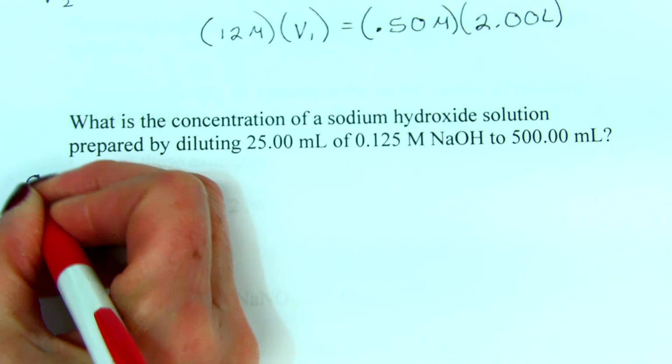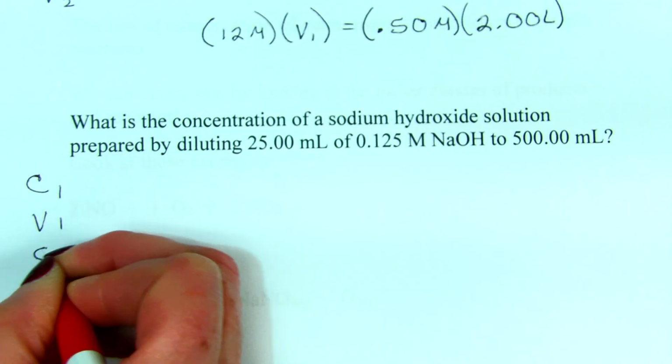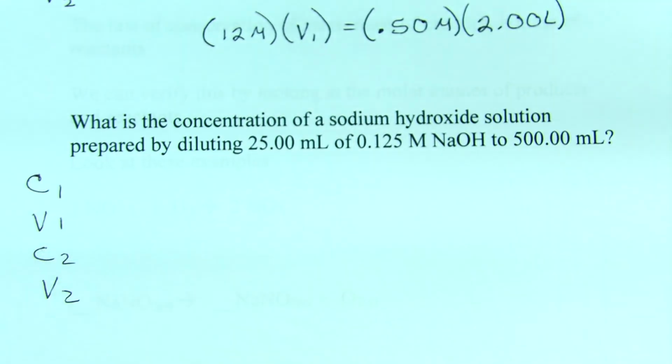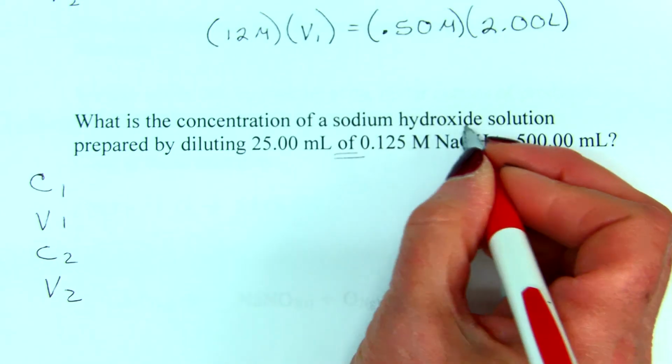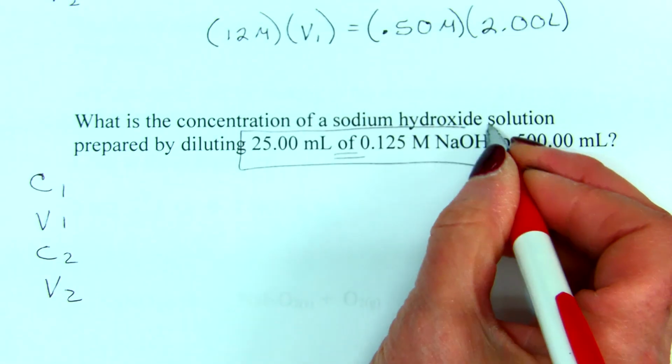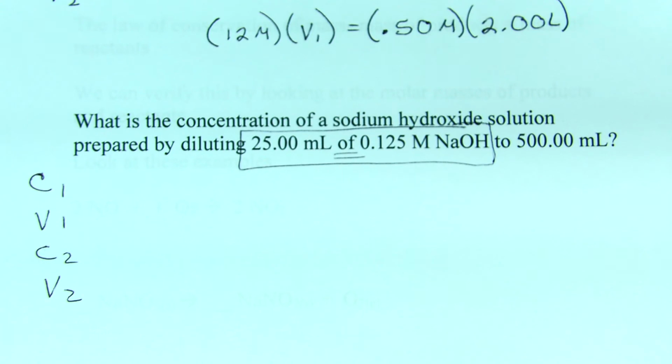So when I pull them out, C1, V1, C2, V2, the key word is of, because the word of connects the 25 milliliters and the 0.125 molar. Now, it doesn't matter which one is C1 and which one is C2. It just matters that the pairs are right together.